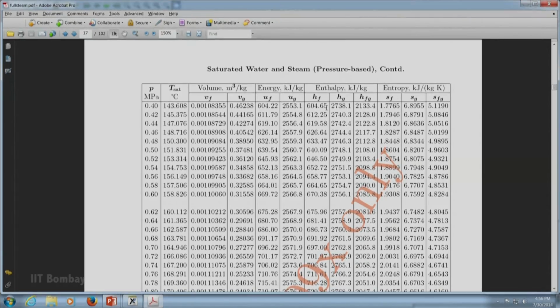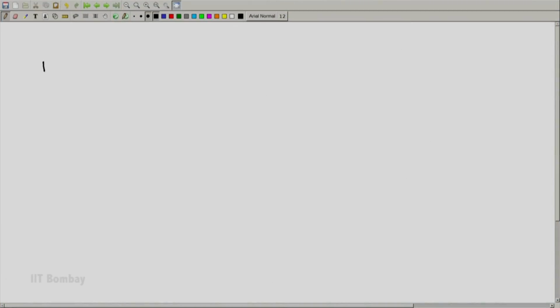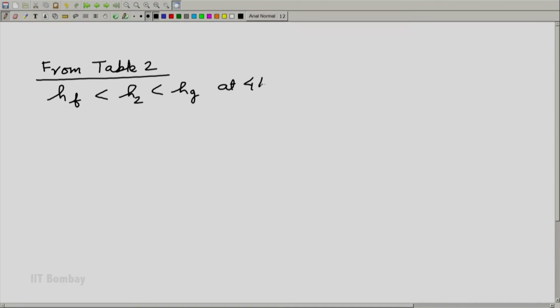So let us come back to the solution. From table 2, we understand that HF is less than H2, which is less than Hg at 4 bar, and therefore we say that state 2 is wet steam.